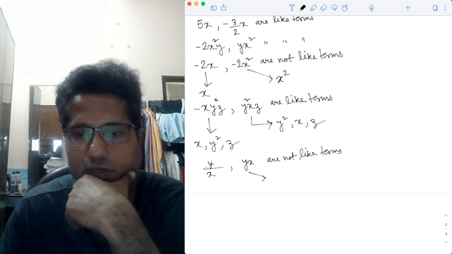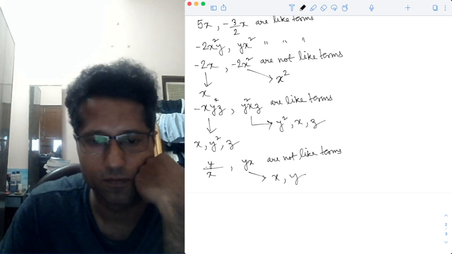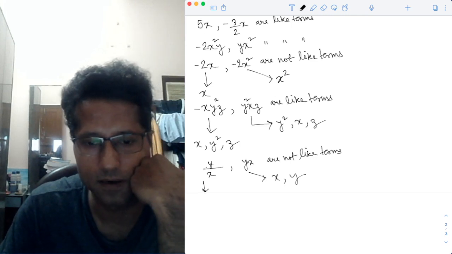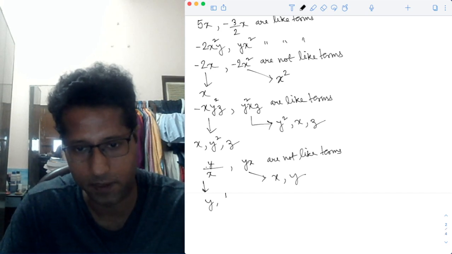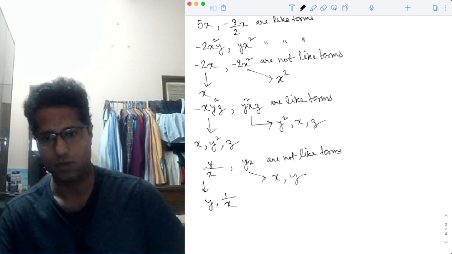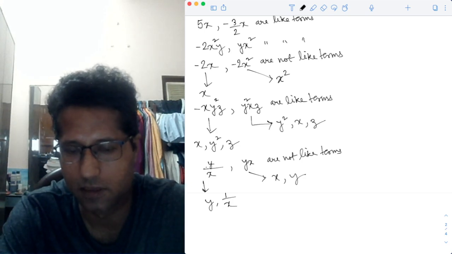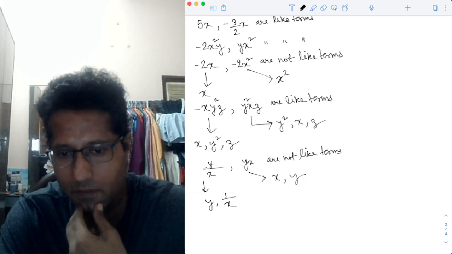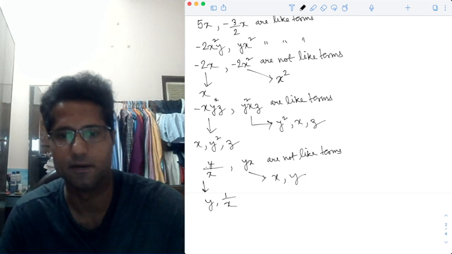For this term, the literal factors are x and y. For this one, the literal factors are y and 1 by x. So there is a common literal factor y, but the second term has x as a literal factor, whereas the first term has 1 by x as a literal factor. Definitely 1 by x and x are not the same.